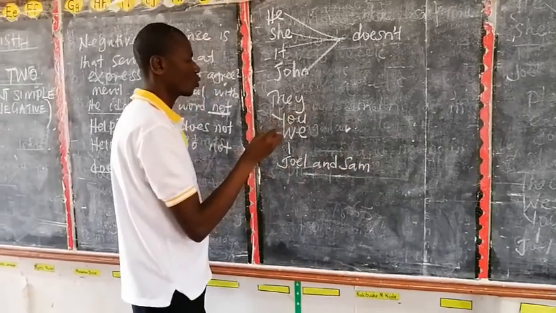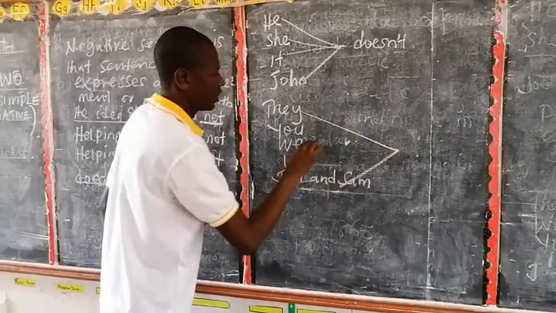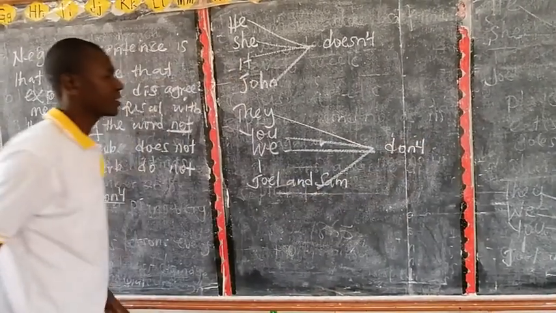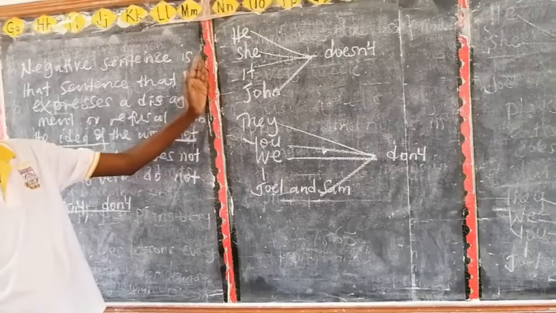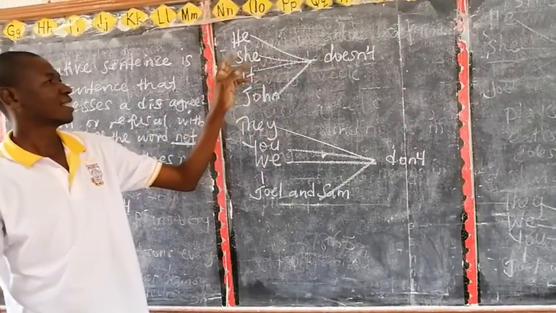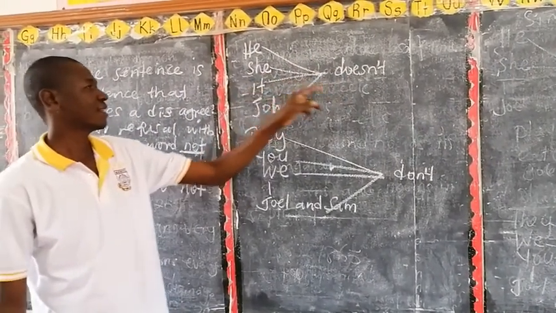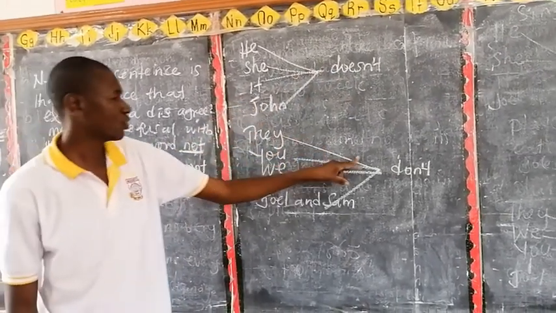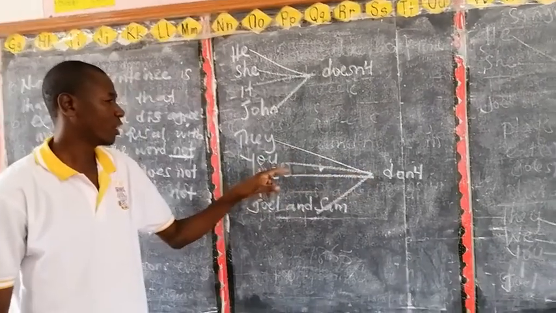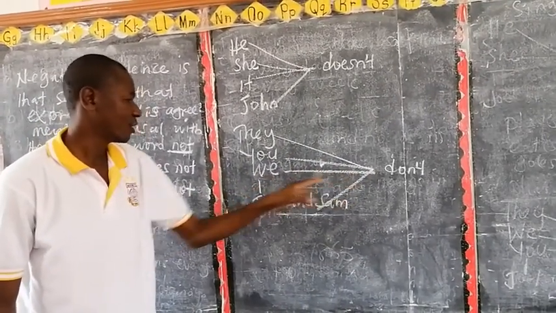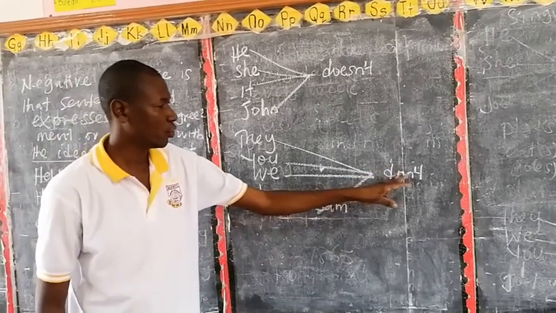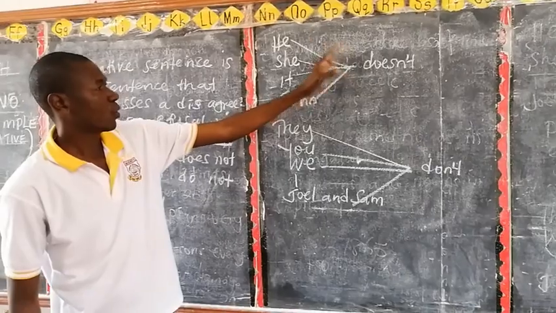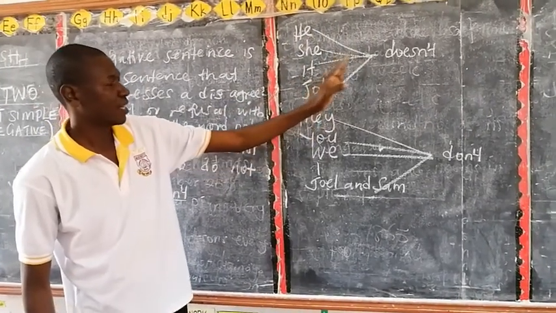These are now two. Here we are supposed to use the word what? Don't. So that when you are constructing a sentence, you can say he doesn't, she doesn't, it doesn't, John doesn't. Then here they don't, you don't, we don't, I don't, Joel and Sam don't. So this one is what we call present simple tense negative.